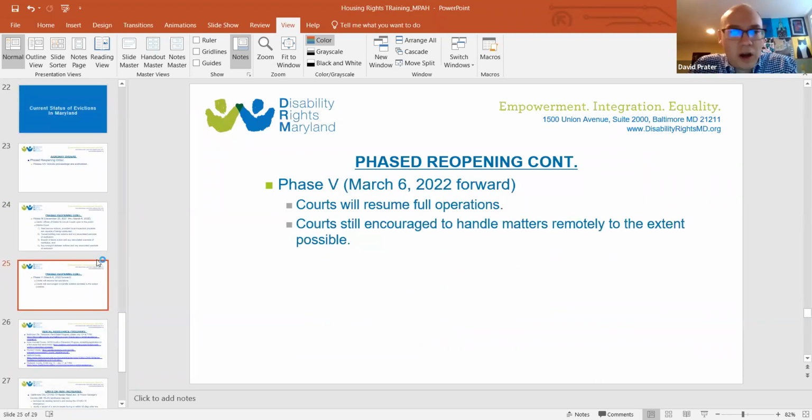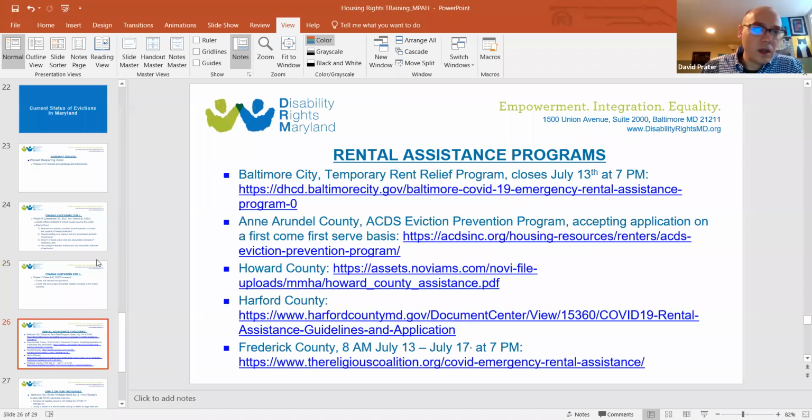But on March 6th, the district courts will be moving into phase 5 and resuming full operations. And to the extent that they can handle matters remotely, they are encouraged to do so. I did just want to note that the availability of eviction prevention funds, some jurisdictions still have money left.